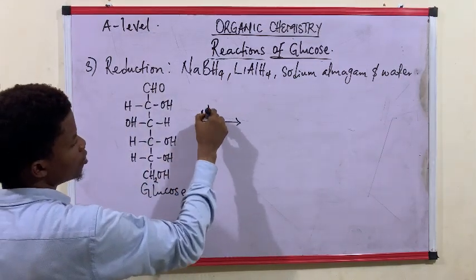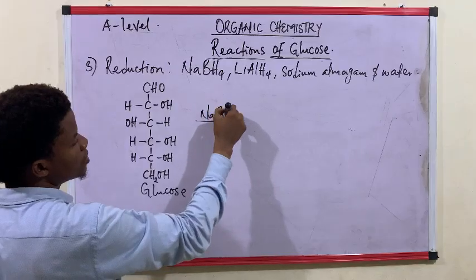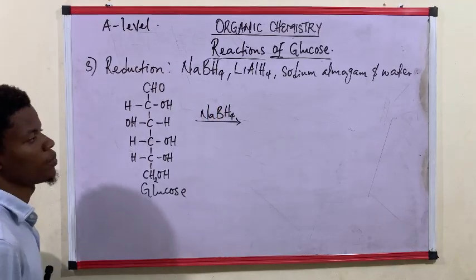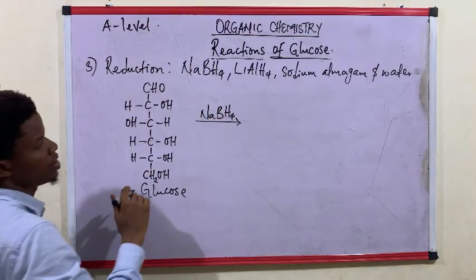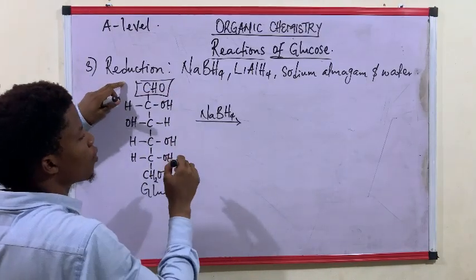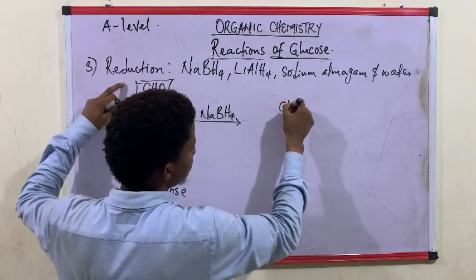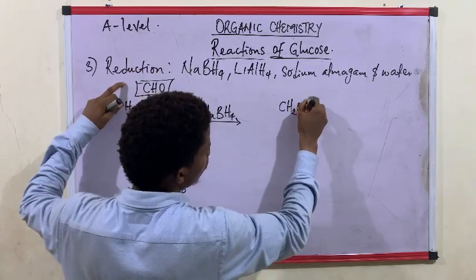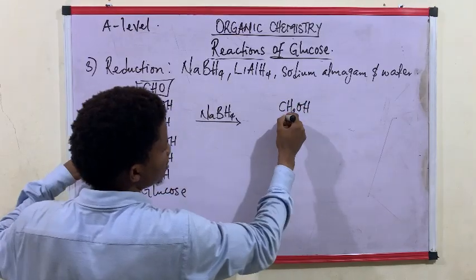So let us use sodium tetrahydroborate(III) as the reducing agent. So this group is going to be converted to what? An alcohol. So it will now be CH2OH. Then every other thing stays the same.